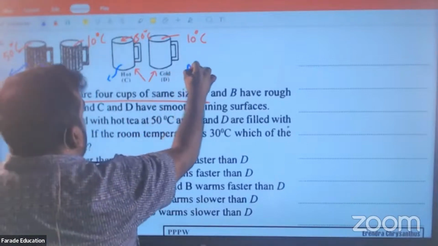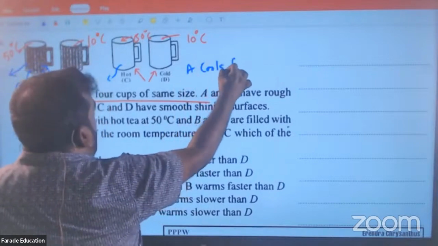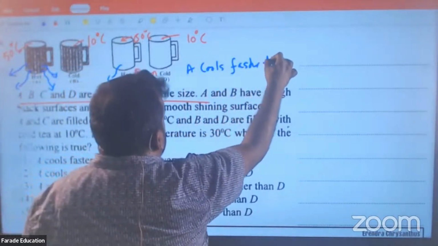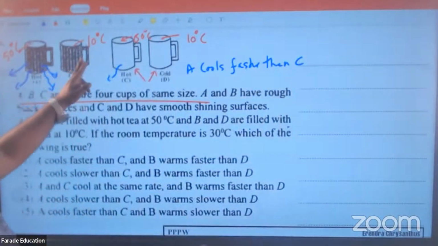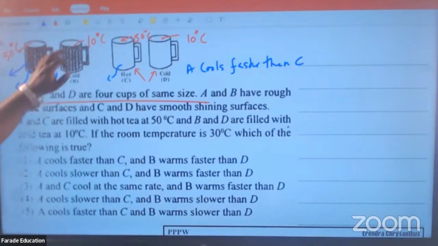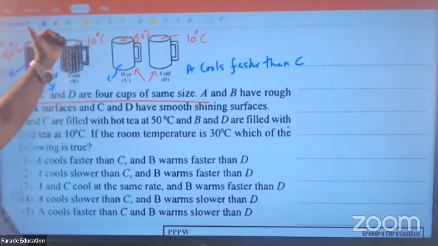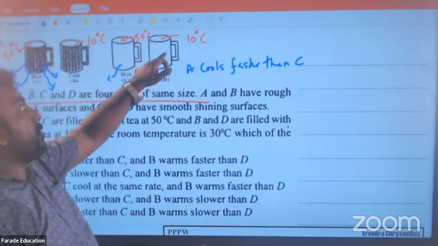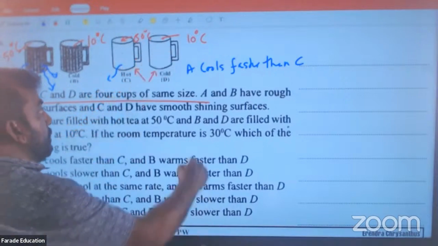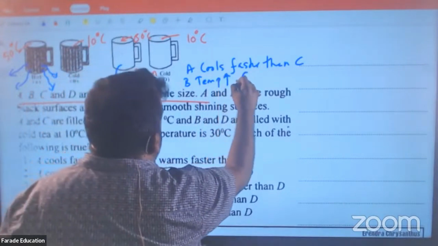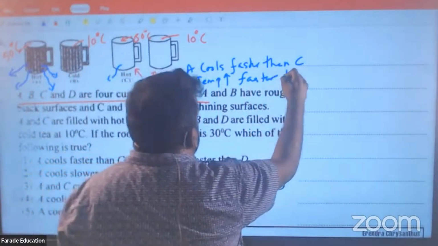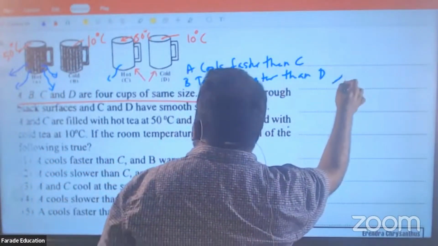A cools faster than C, right? Here 10 degrees, here 10 degrees. It is absorbing, so whatever is emitted is absorbed. B's temperature will increase faster than D. Basic O-level question.